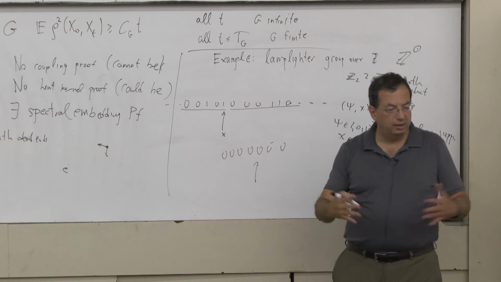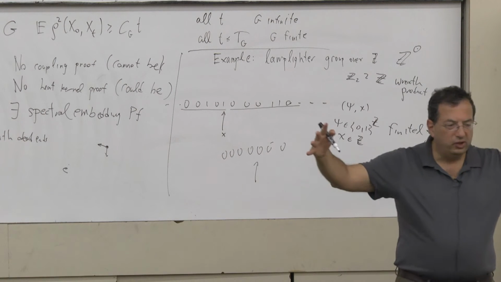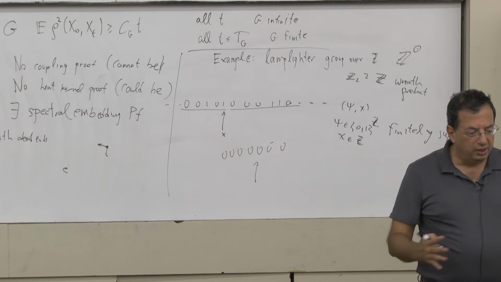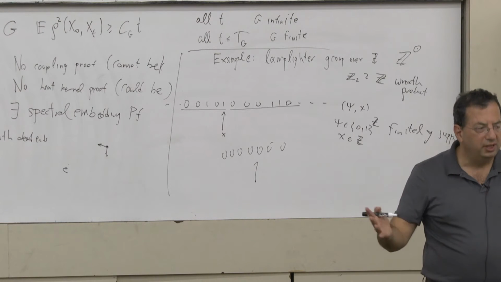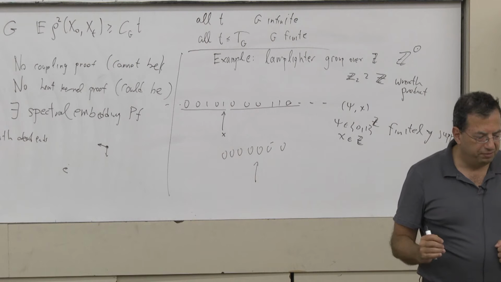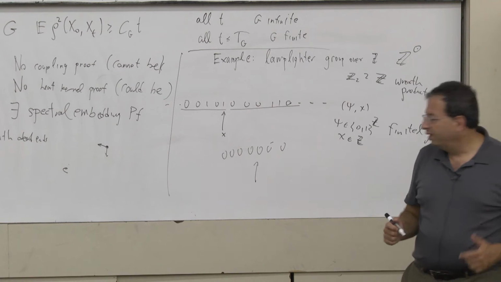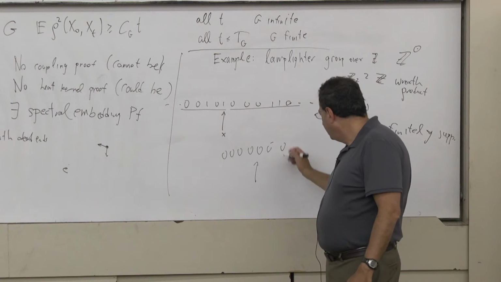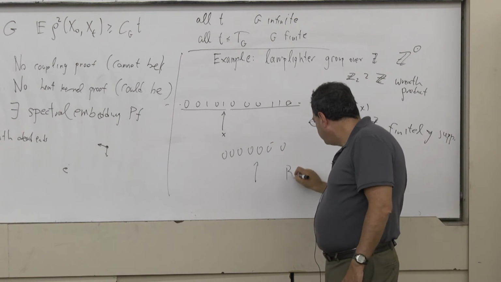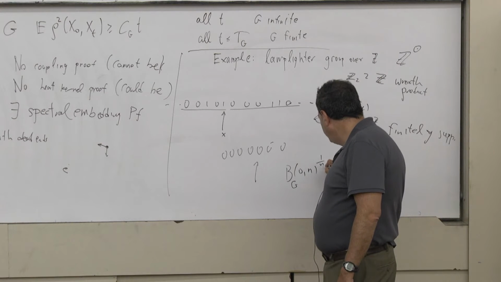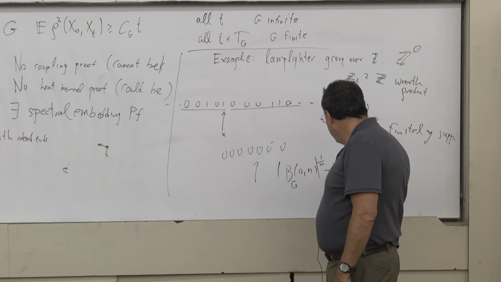So that shows me that in a ball of radius n, I have at least 2 to the n over 2 elements. If you do this more carefully, you see that you can actually get a Fibonacci number of sequences within n steps. And the growth of this group is really given by this: if you look at the ball of radius n in this group G, and take the nth root of the size of that, it goes to the golden mean.